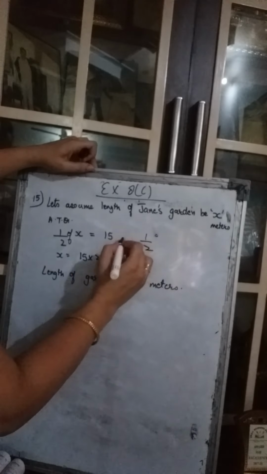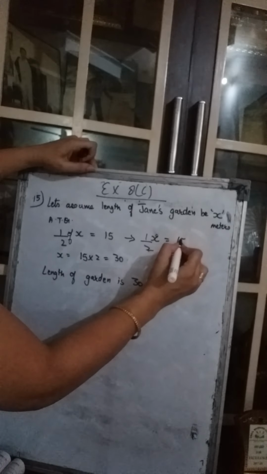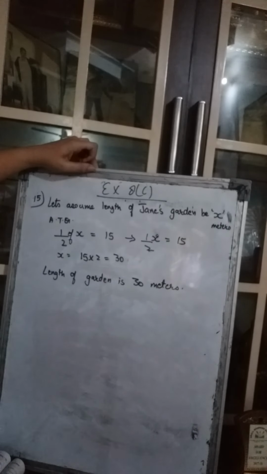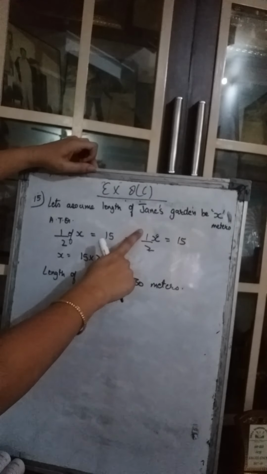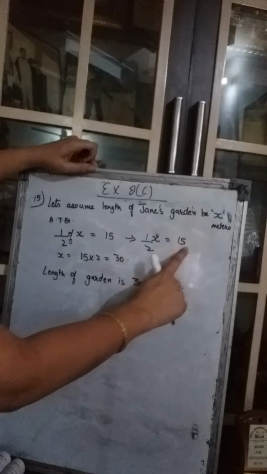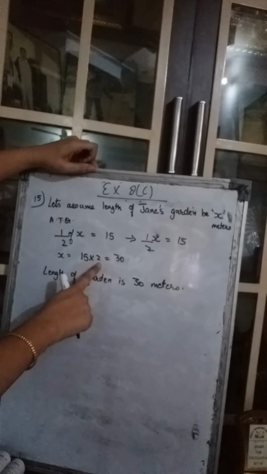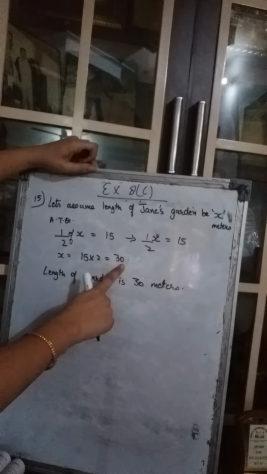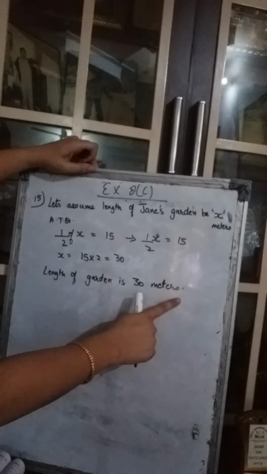Half X is equal to 15. Okay. So here 1 is getting multiplied but 2 is getting divided. 1 has no value. So we will take 2 on the other side. X is equal to 15 multiplied by 2 is equal to 30. So length of the garden is 30 meters.